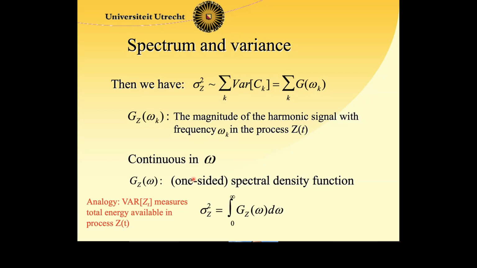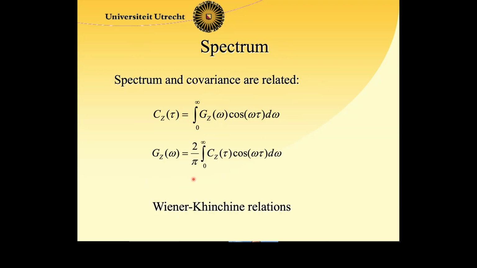Now, this is an alternative way of representing the variance, the variability, and also the spatial or temporal structure of a random function. The other way to represent the variability and spatial structure of a stationary random function, remember, was the covariance function. And the two are therefore related, the spectrum and the covariance function. They are related by these particular two relationships, which are called the Wiener-Khinchin relations.